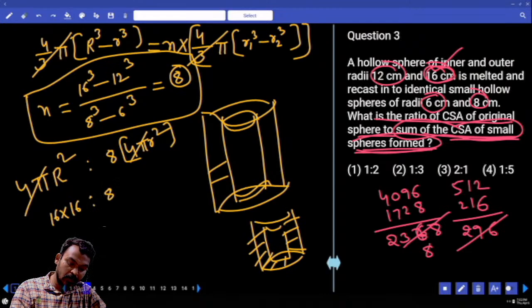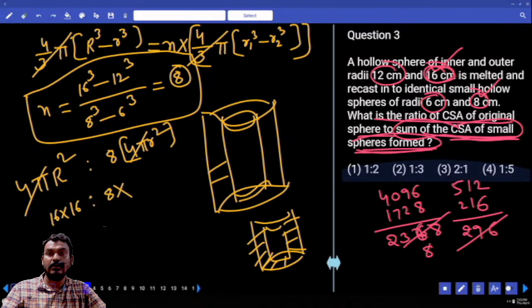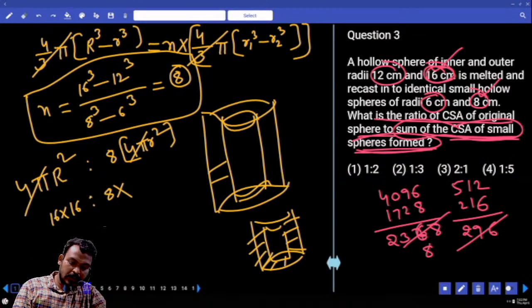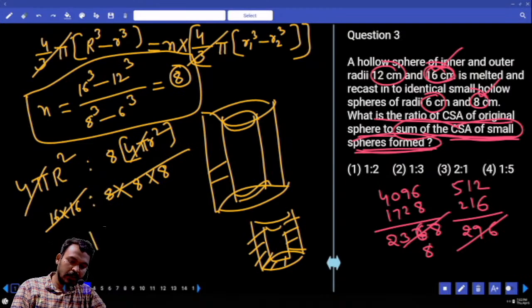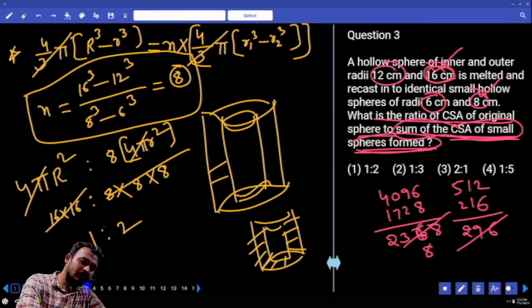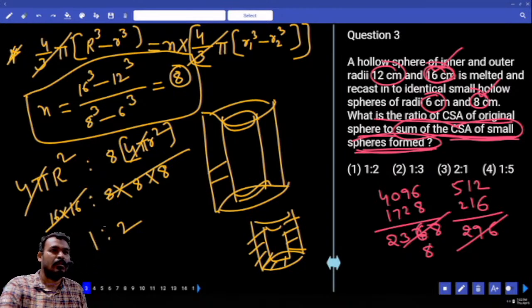Next 8 into the radius of a smaller one, which is the outer diagram, 8 square. 16 into 16 is 256, 8 cube is 512. What is the ratio? 1:2. Important model: it is not spheres, it is hollow spheres.